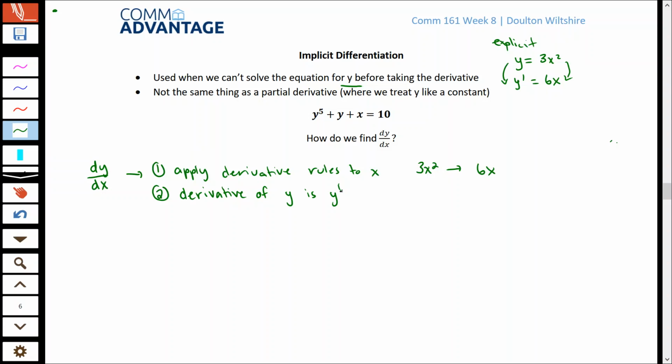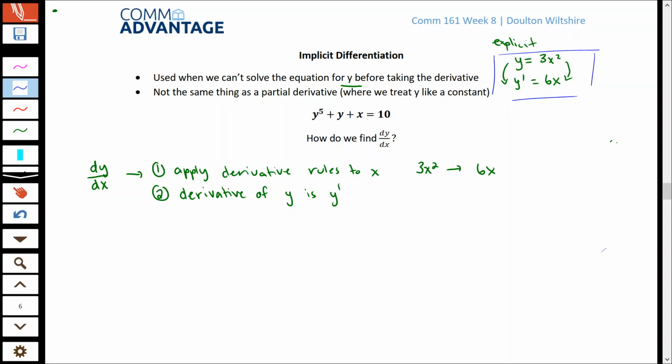What we're saying is that if we knew that y was equal to 3x squared, like we had above, we could take the derivative and say, hey, the derivative is 6x. But if we don't actually know what y equals, we're just going to denote the derivative of y as y prime.